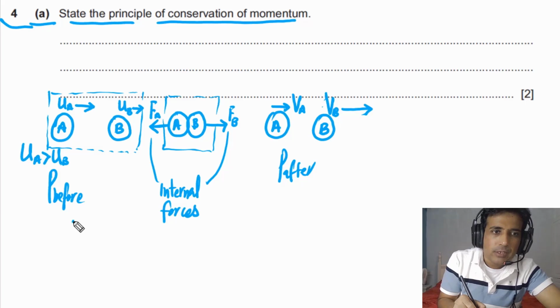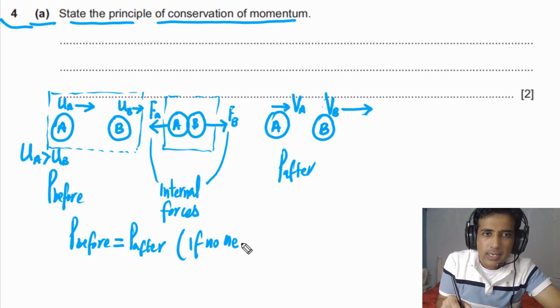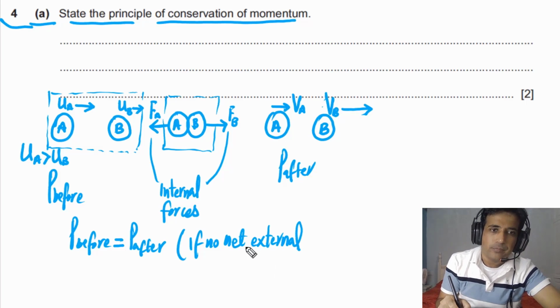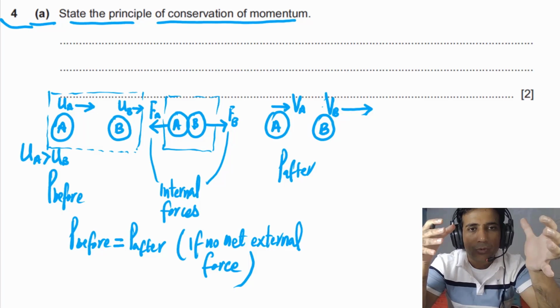The sum of momentum before collision will be equal to the sum of momentum after collision if no net external force acts on the system. And this is the principle of conservation of momentum. So this is how we can define the principle of conservation of momentum.